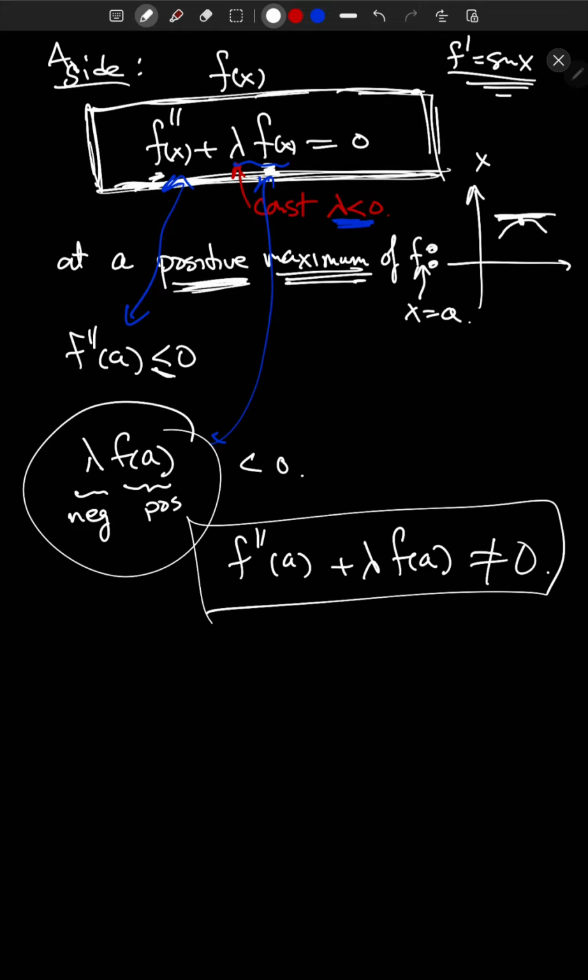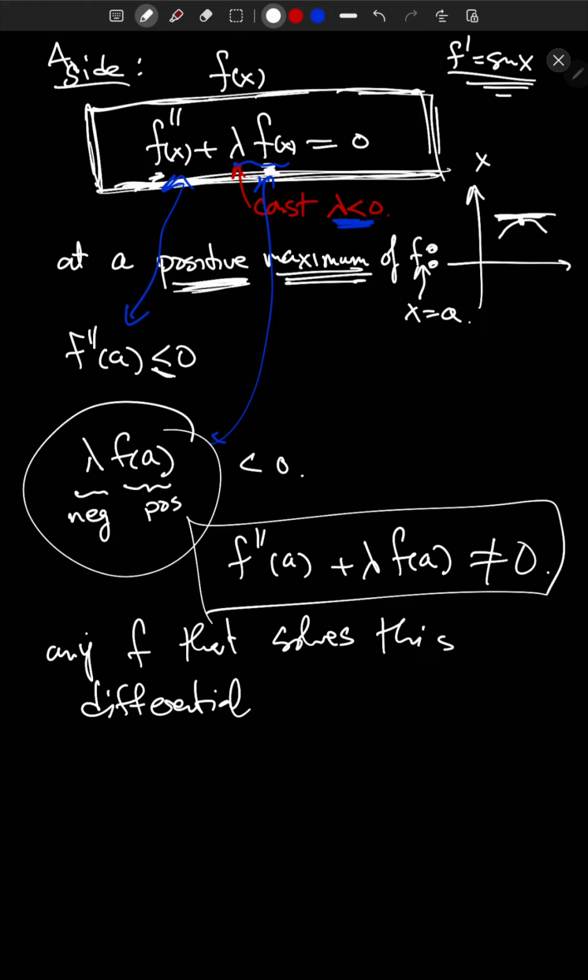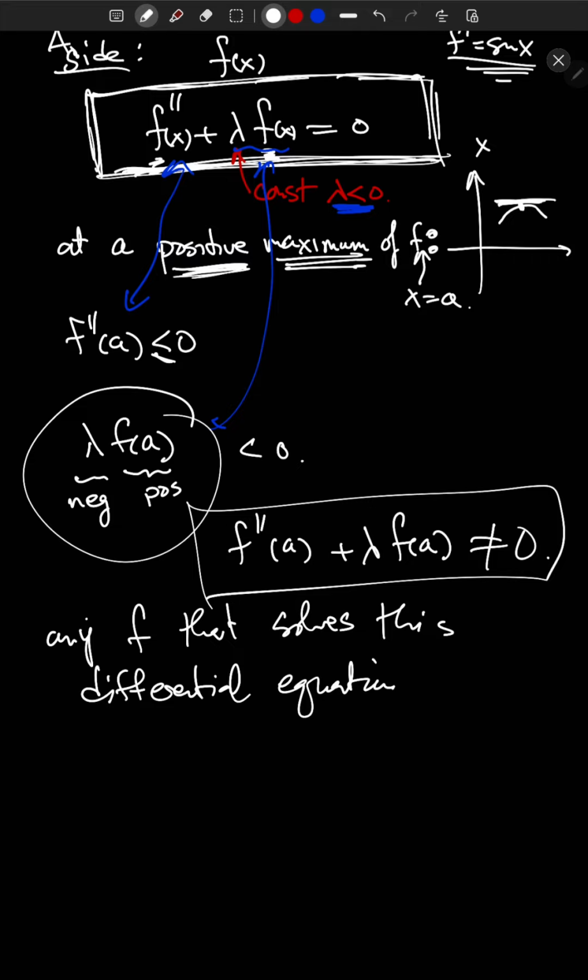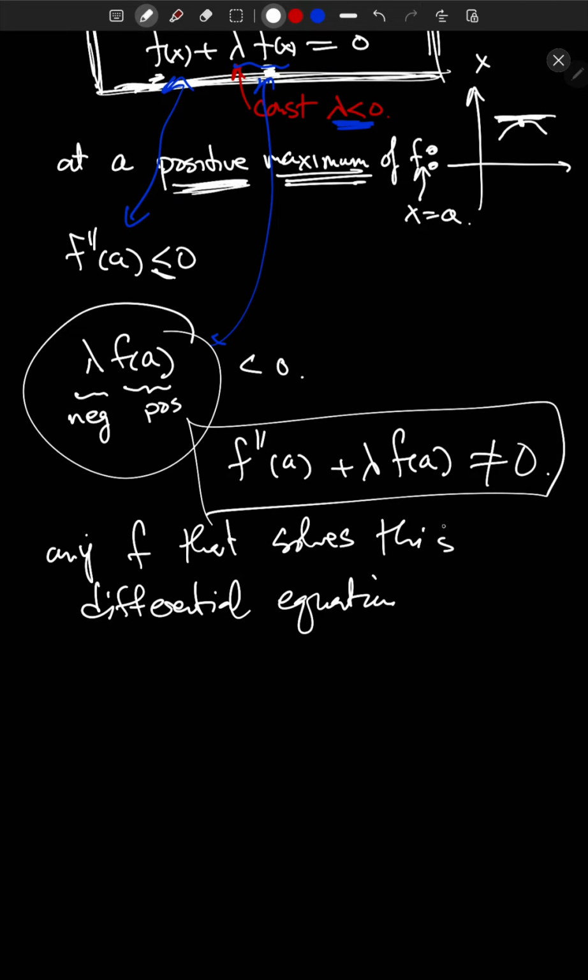And so what does that mean? That means that any f that solves this differential equation, no matter what lambda is, as long as it's less than 0, has no positive maximum.